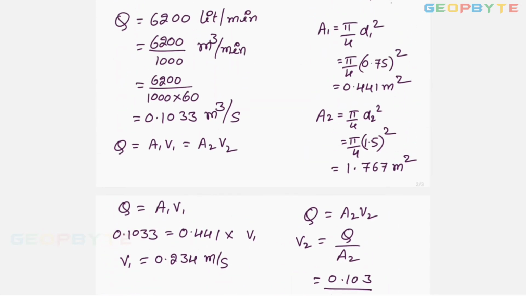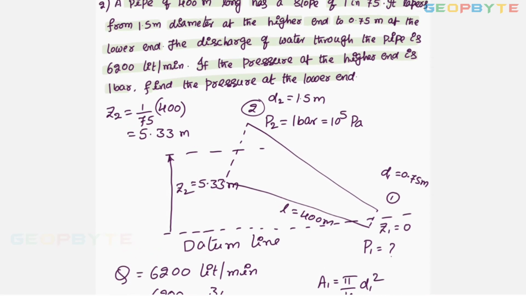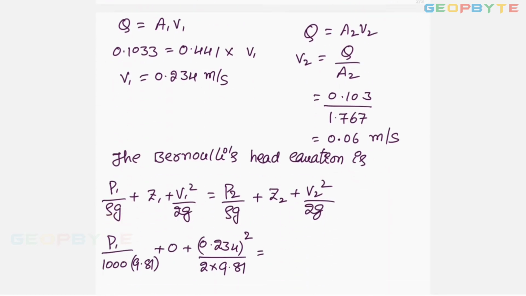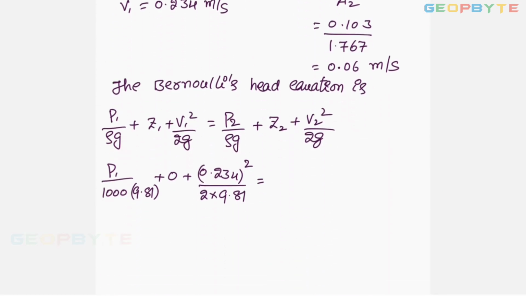It must be equal to P2. What is the P2? P2 is 1 bar, 10 power 5 Pascal. 10 power 5 divided by rho 1000, g 9.81, plus Z2 we got 5.33, plus V2 0.06 whole square by 2 into 9.81, that is the g value.